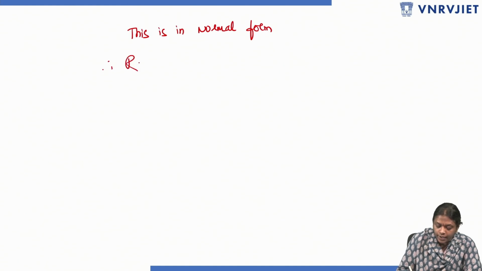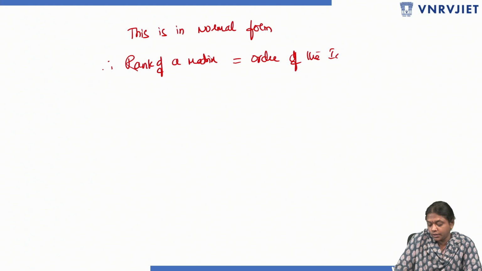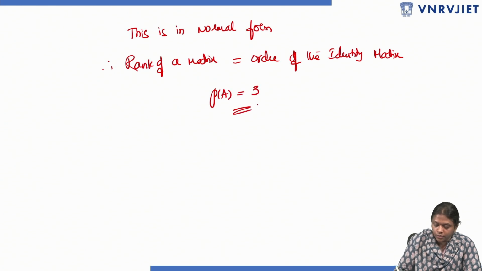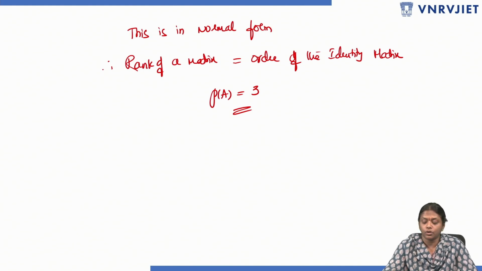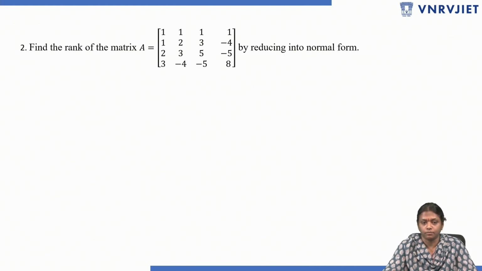Therefore, rank of a matrix is equal to the order of the identity matrix. So what is the order of the identity matrix? We got it here. That is 3. Since we denote rank of A as rho of A, that is the order of the matrix, which is nothing but 3. So by implementing the above operations, we got the rank as 3.